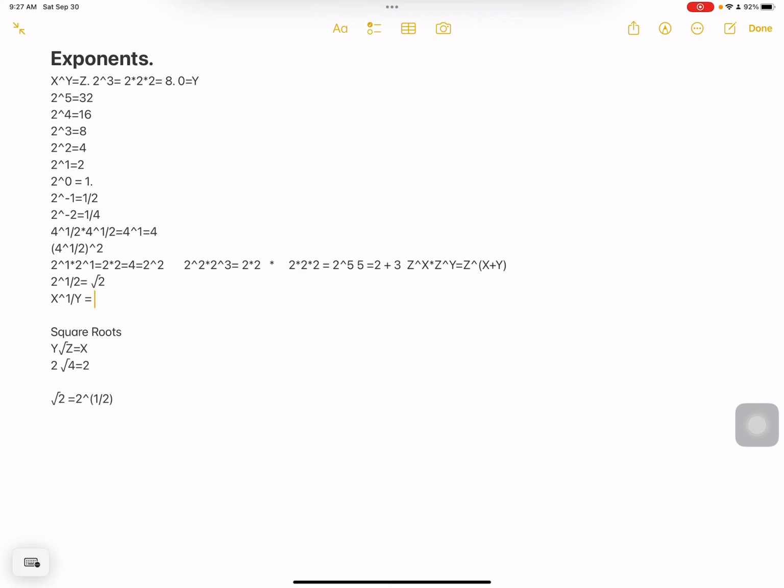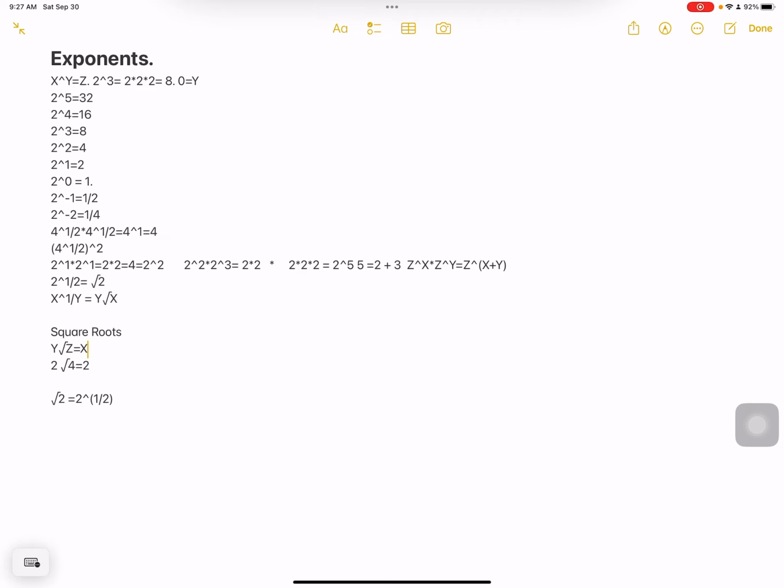This equals x. This equals y. X. That's it. That's our equation.